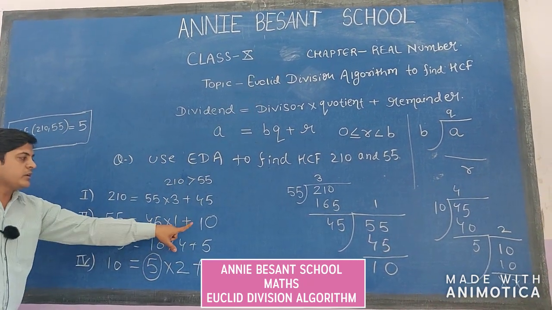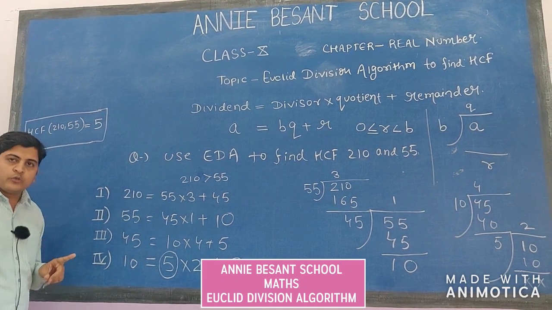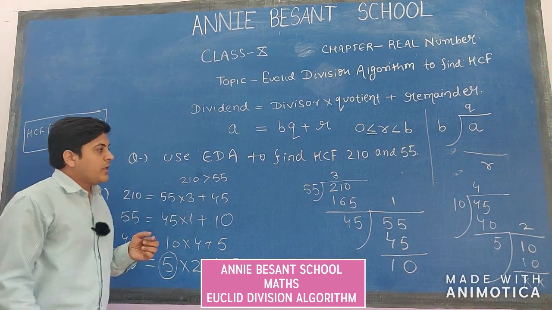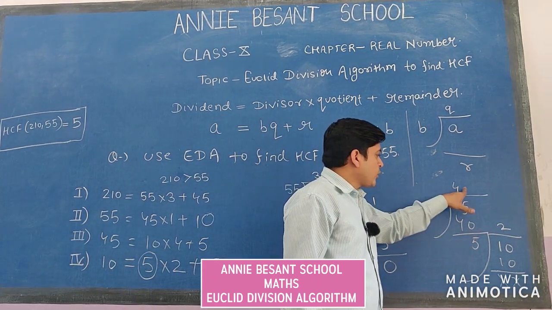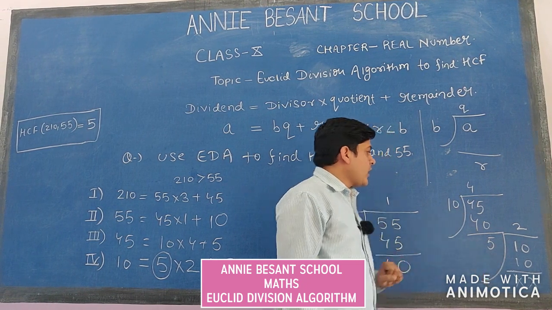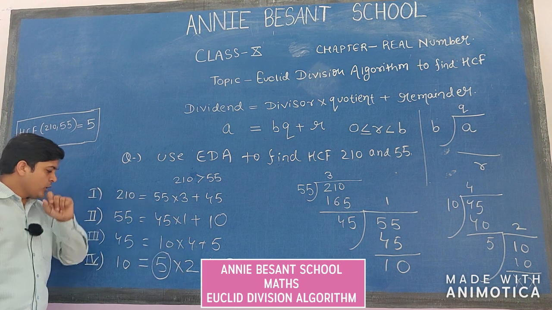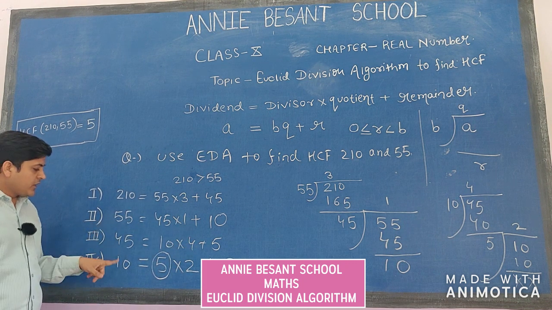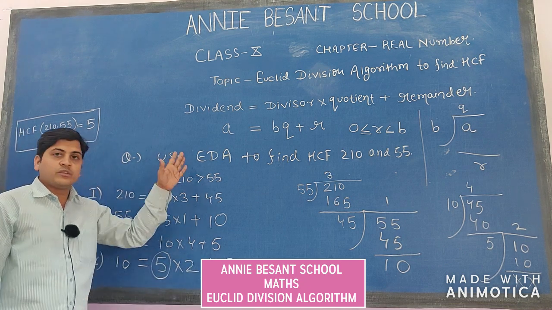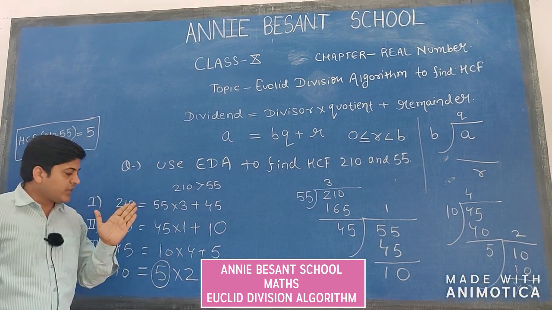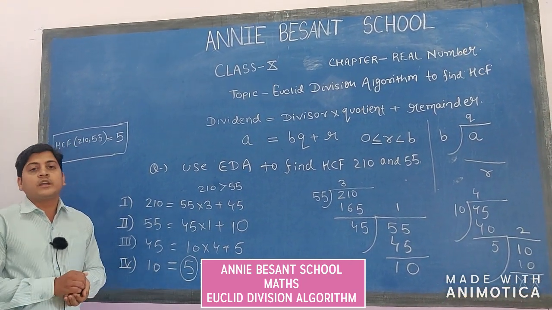The quotient is 1 and the remainder is 10. The remainder is not equal to 0, so we continue. Then 45 is divided by 10, the quotient is 4 and the remainder is 5. Again the remainder is not equal to 0, so we start a new step. The 10 is divided by 5 and the quotient is 2, but the remainder is 0. So we stop the process here, and the divisor is our required HCF.